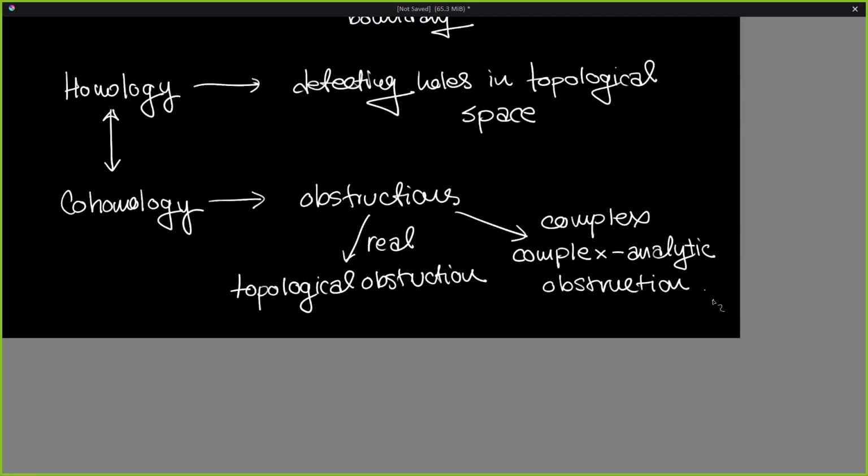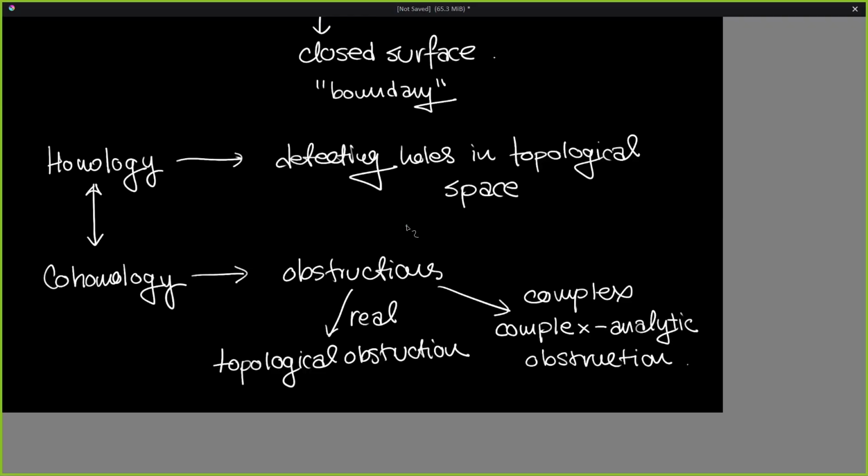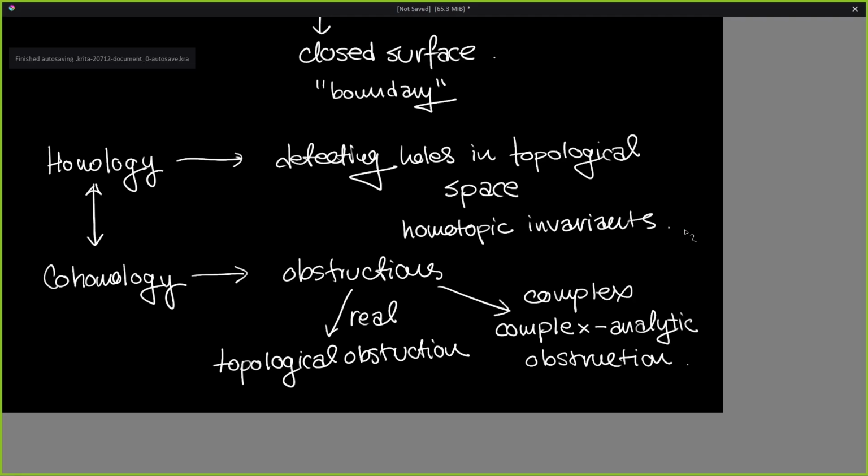So it's a lot stronger, and we will see how these are not just holes, but also a lot of other things. And in general, I'll spoil it right now. They are obstructions to homotopic invariants. Homotopic invariants have everything to do with closed loops, or loops, doesn't necessarily need to be closed, I suppose, and how they can contract on a manifold.